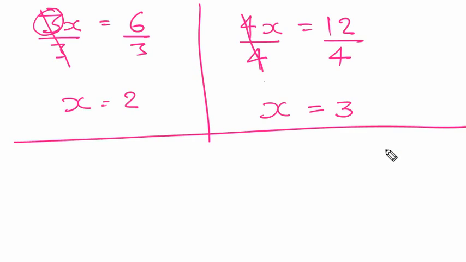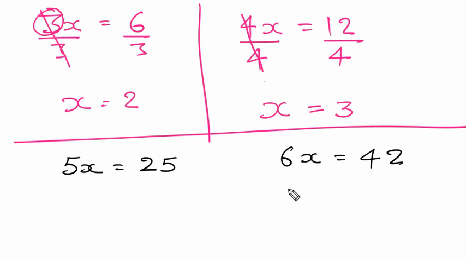Okay, now let me write one more example here. If you have 5x is equal 25 and 6x is equal 42. Now in these examples, this is a multiplication, so what we will do, divide both sides.